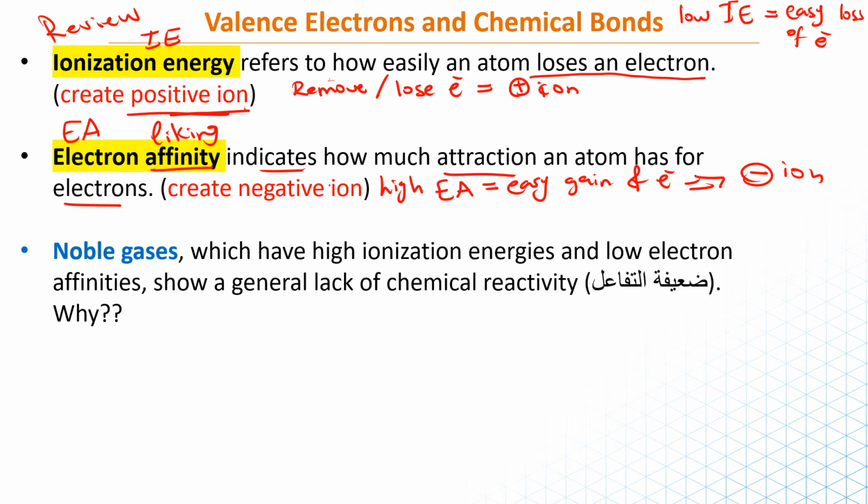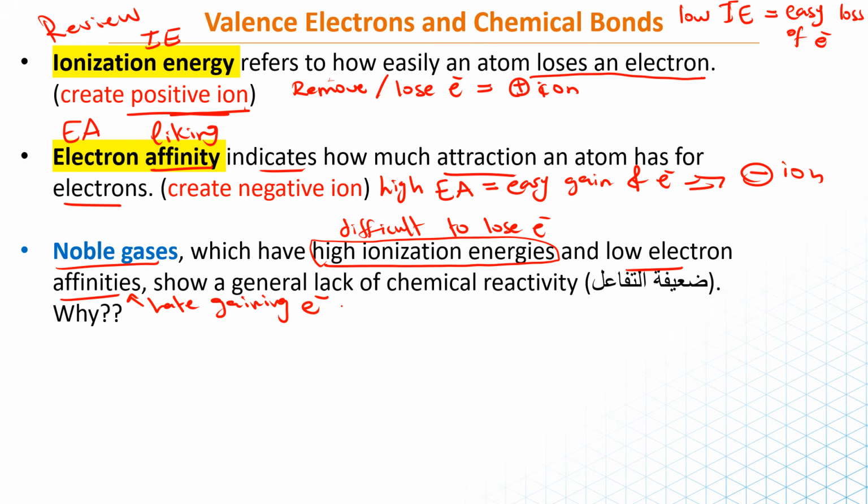So noble gases, which have high ionization energy, يعني difficult to lose electrons, and low electron affinity, hate gaining electrons, show a general lack of chemical reactivity. تتذكرون chemical reactivity قلنا تعريفها هي انه الذرة تكون روابط كيميائية تفقد او تكتسب او تشارك الكترونات.